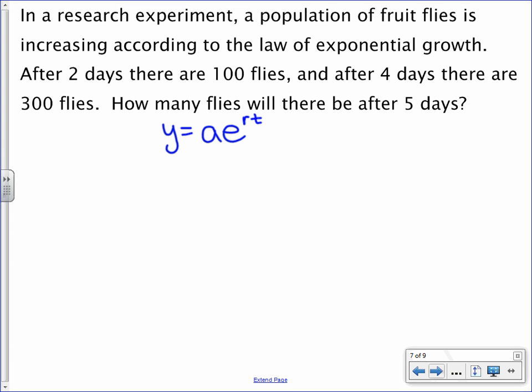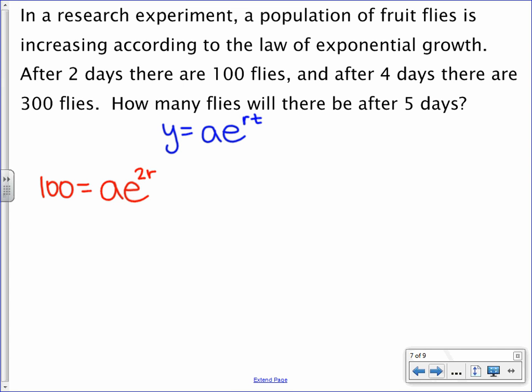So what do we know? We know that after 2 days there are 100 flies. So what would that look like? 100 equals A times e to the rate times 2. I'm going to write 2R instead of R2. Is that okay?